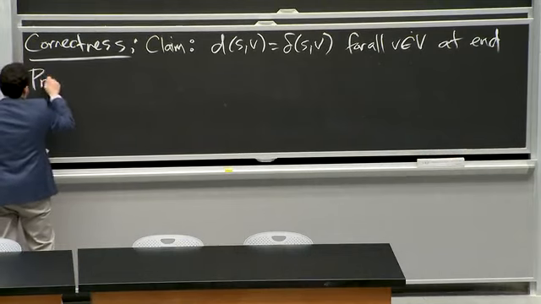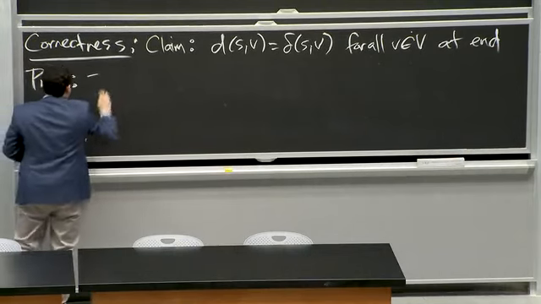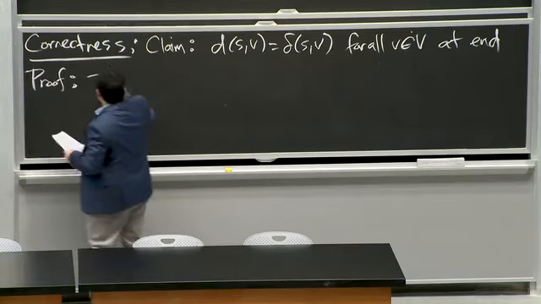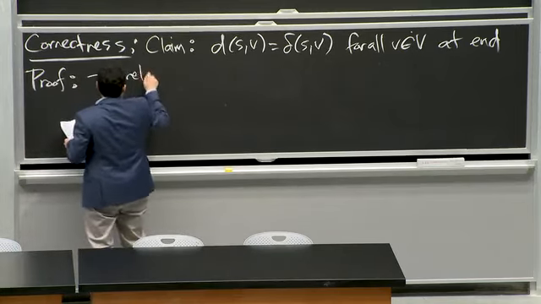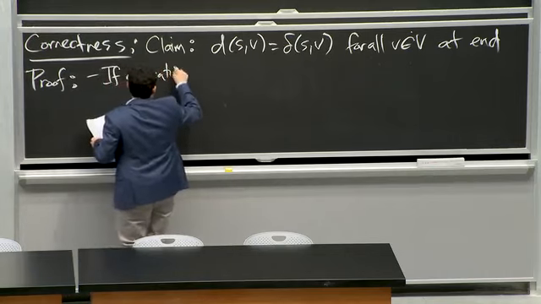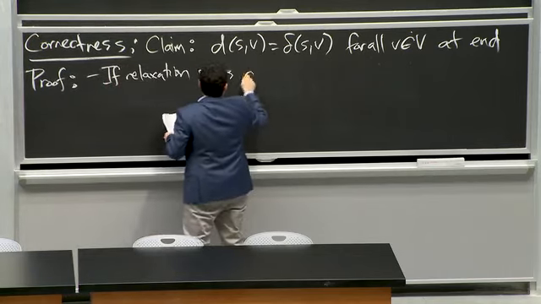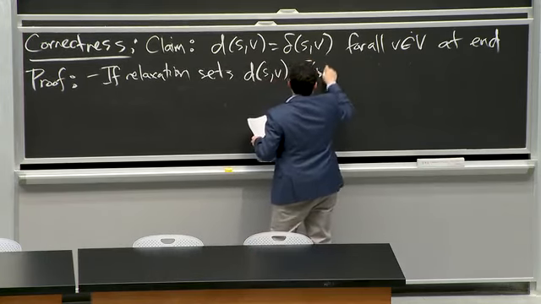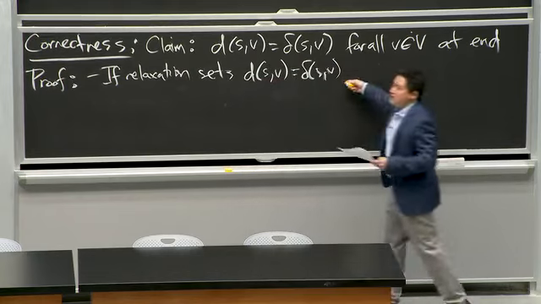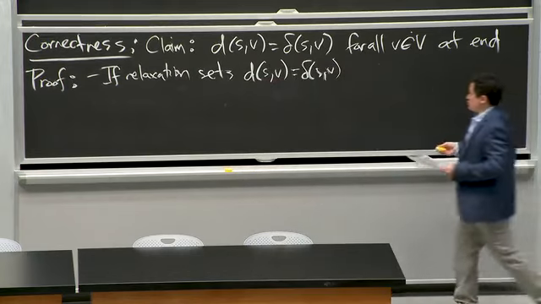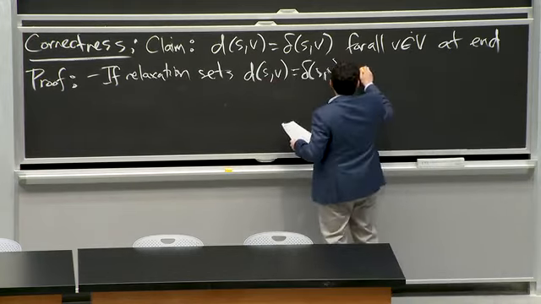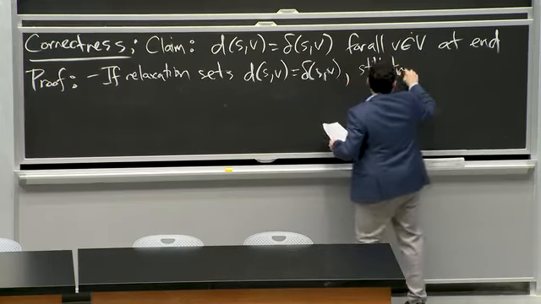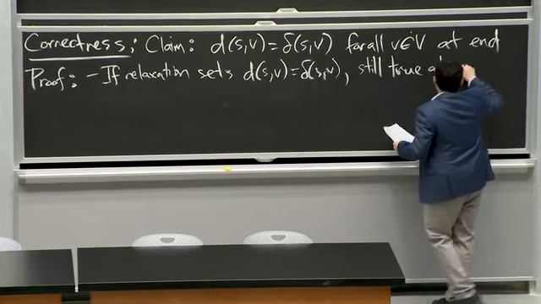So the proof here. First, if ever relaxation sets d of s, v, it sets the estimate equal to the shortest path distance. If it ever does that, I argue to you that it's still true at the end.